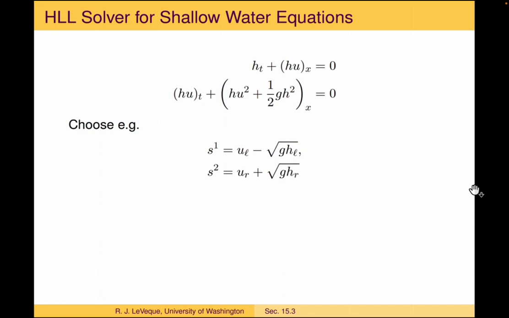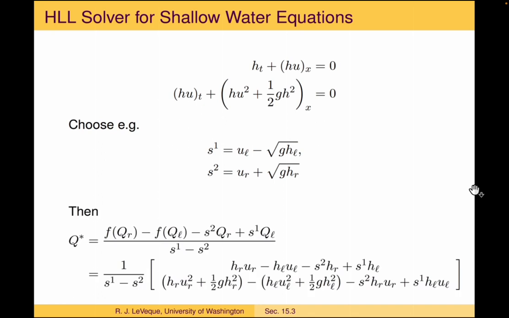Turns out for some choices of Q left and Q right, you might not have that ordering. And so you might want to take S1 to be the smaller of uL minus the square root of ghL, and uR minus the square root of ghR, for example, and use the maximum of the characteristic values in the right state as your S2 value. But for the examples I'll show, we can just use these two choices.